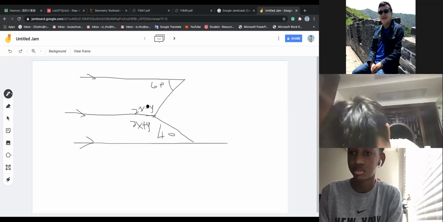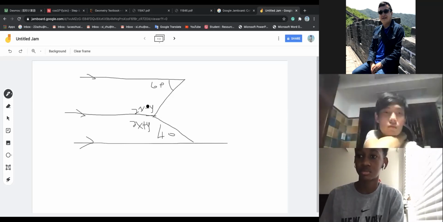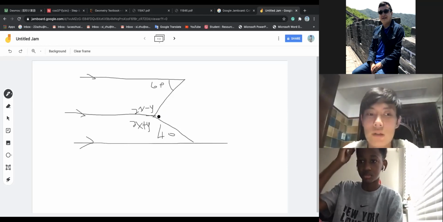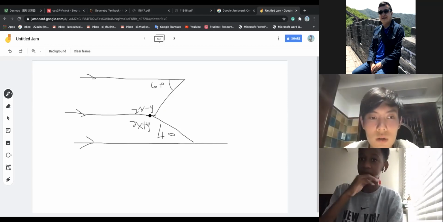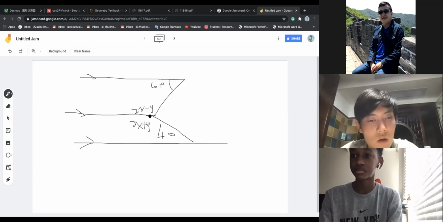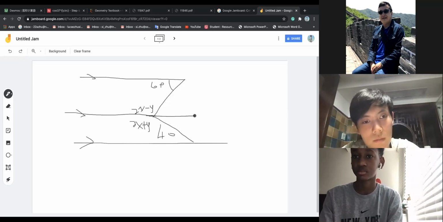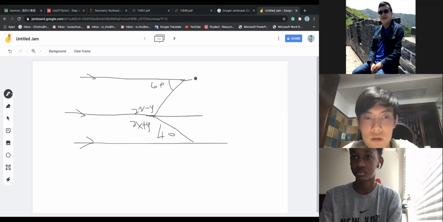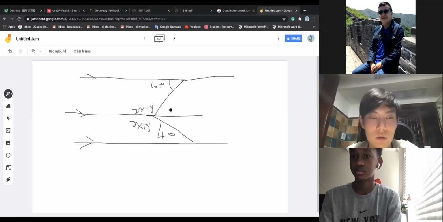Because there are three lines parallel to each other. So if we want to solve this question, let's make the line longer. It doesn't hurt, because the angle is still the same angle, but it's better for us to see the relationship between them.